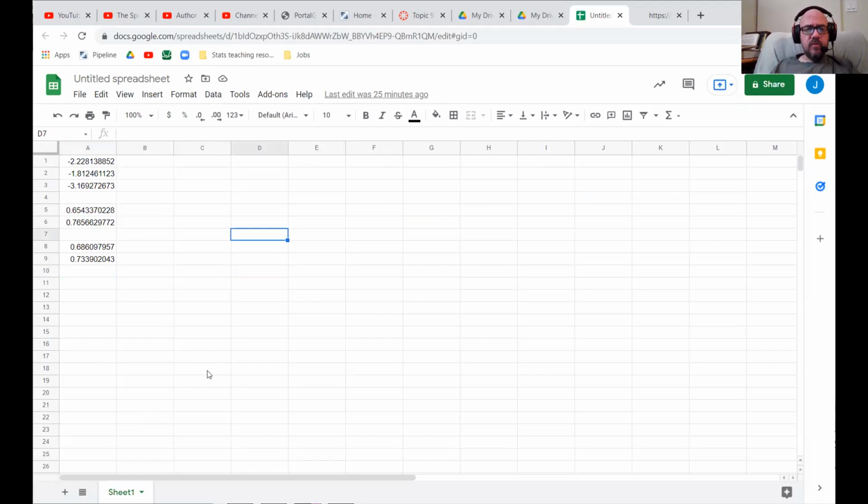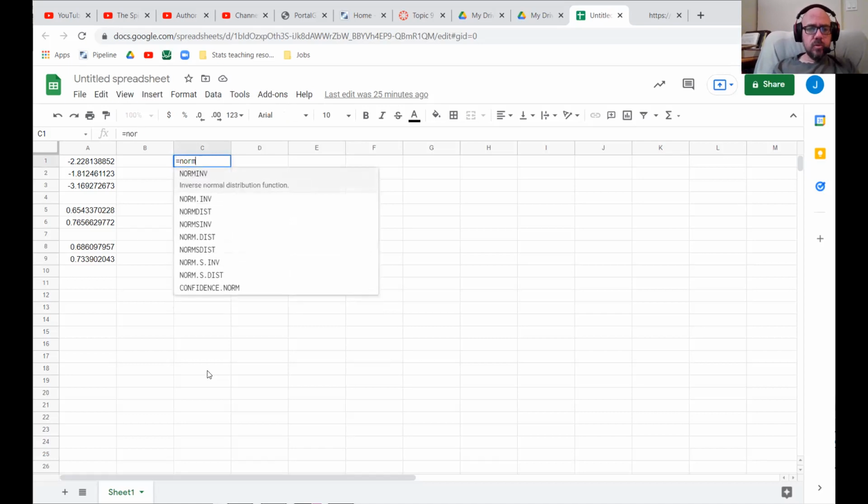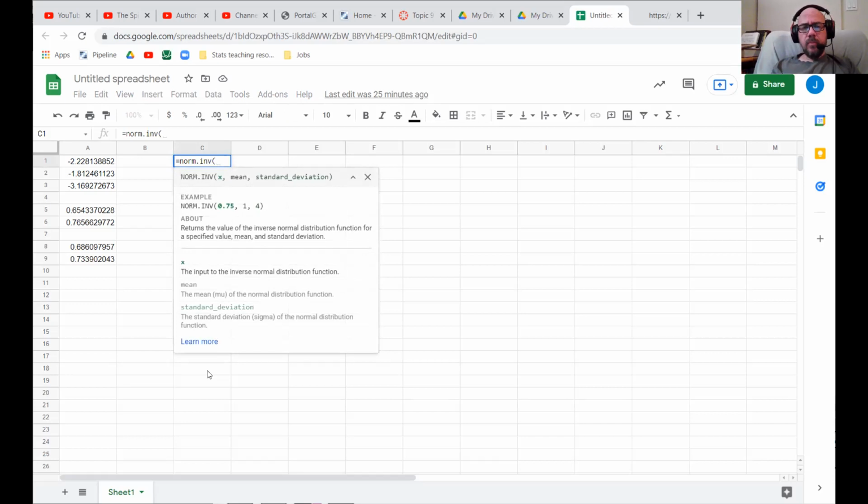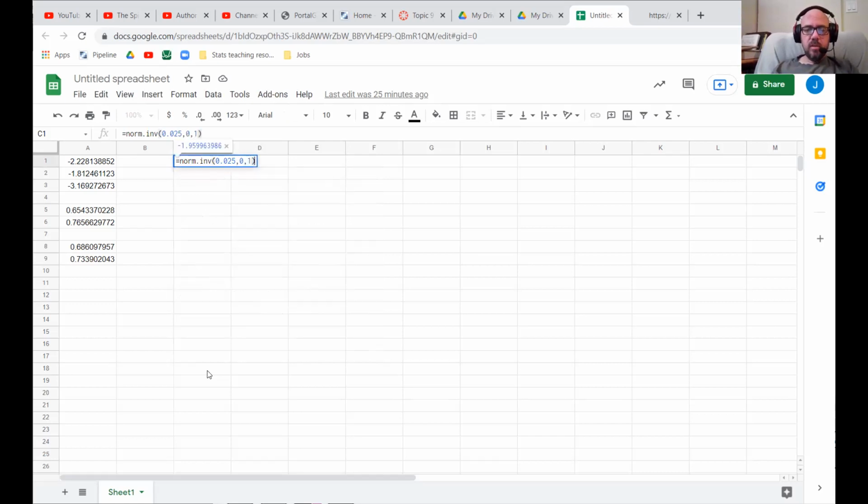If I want inverse norm, NORM.INV of 95%, I'm going to use a mean of 0 and a standard deviation of 1. It tells me that I need 1.96 standard errors on either side.